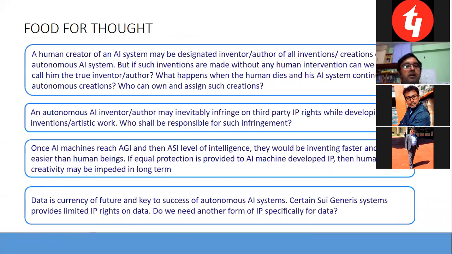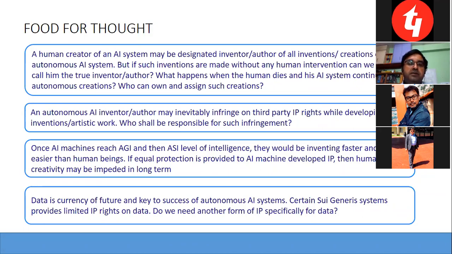Okay, so for a human creator of an AI system, he may be designated the inventor or author of all inventions and creations of such autonomous AI systems. So, if a human being creates an AI system, the proposition might be that he is designated as the inventor or the author, and he owns such inventions.